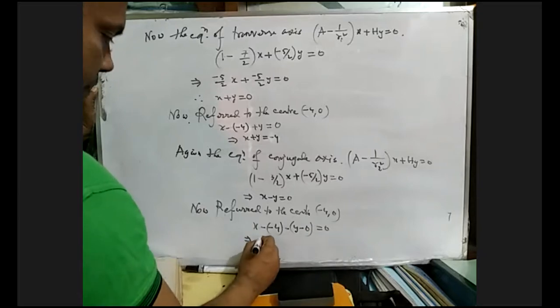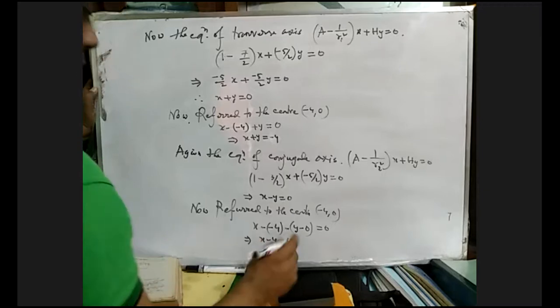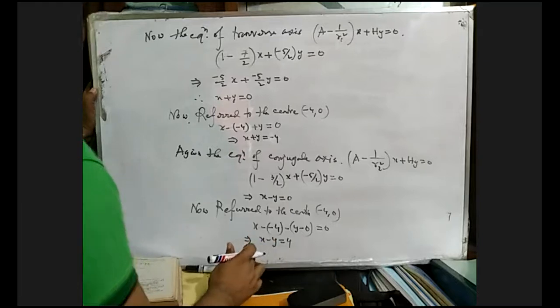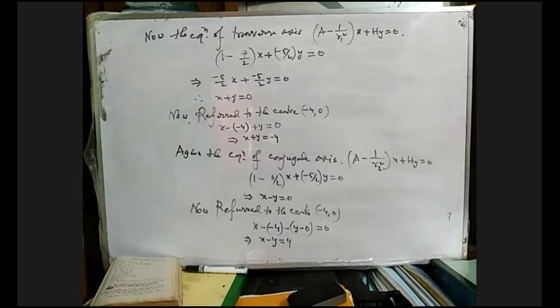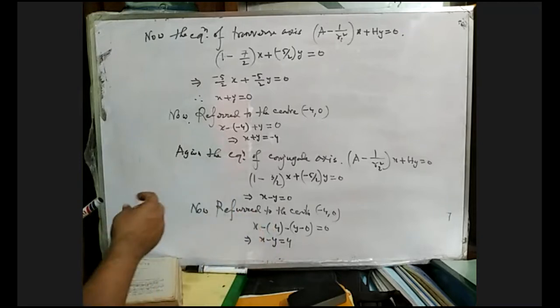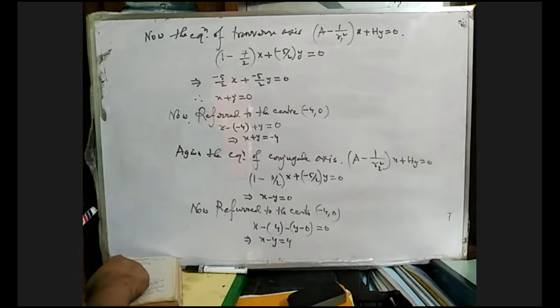That means x minus y equals what? 4. Okay. This will be x minus y, x minus 4, y minus 0. So x minus y equals what?